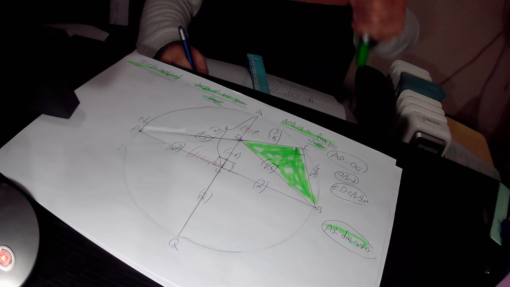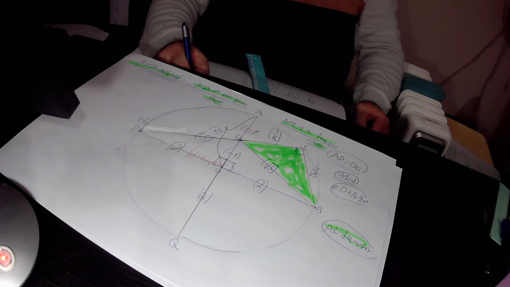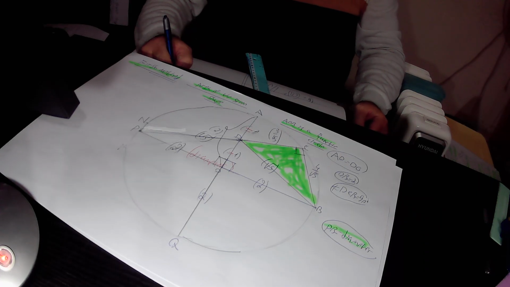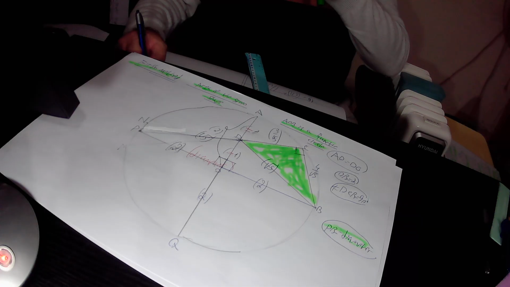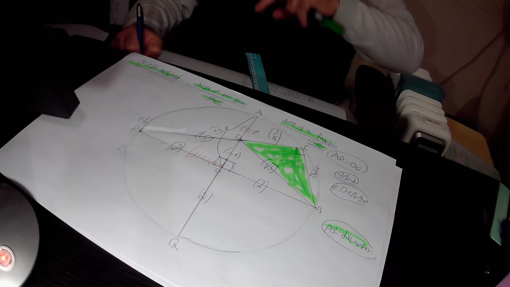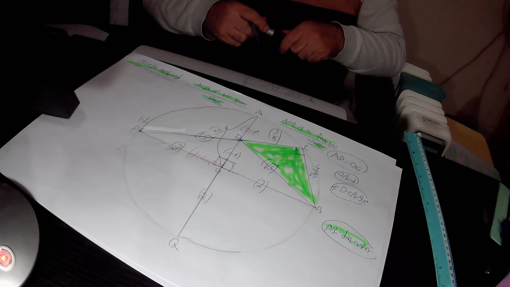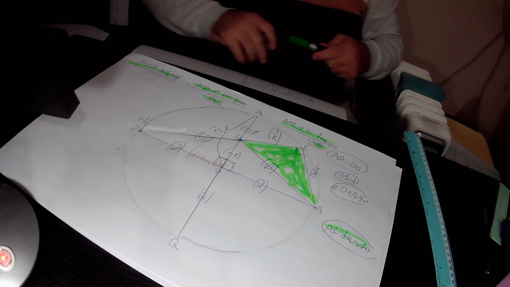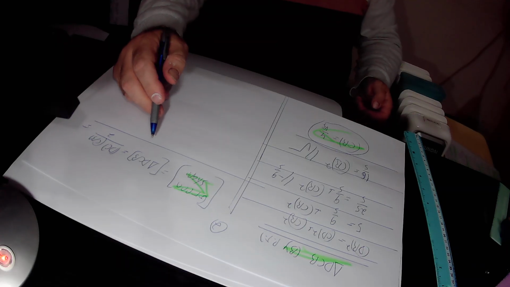Repeating again, the area of the green shape, that is the area that we are looking for in this question, is the area of the green right triangle DCB.